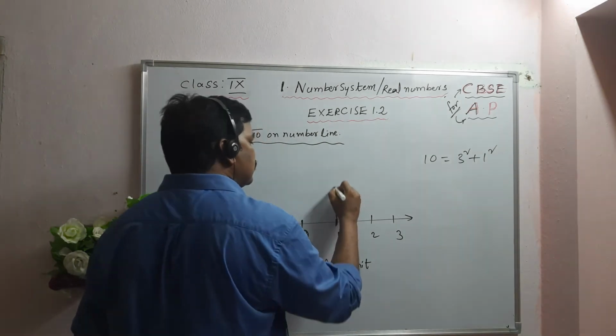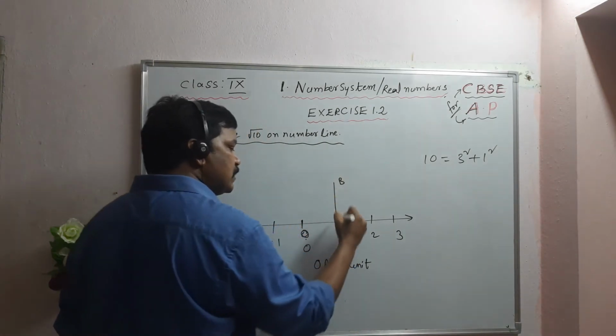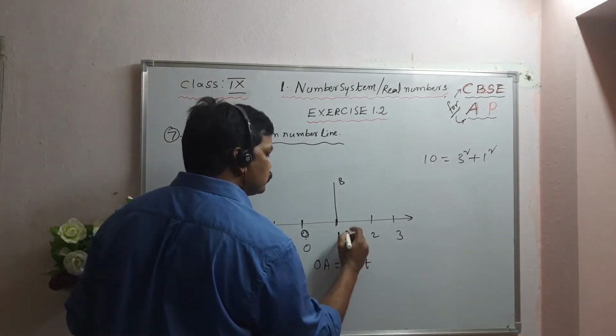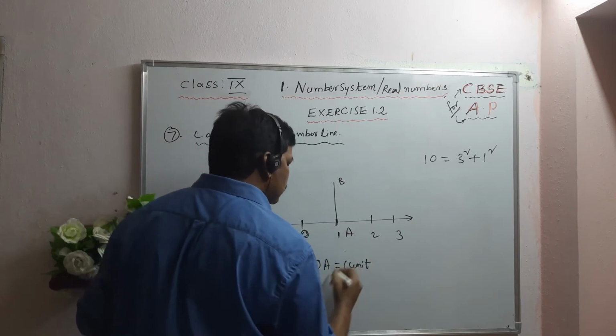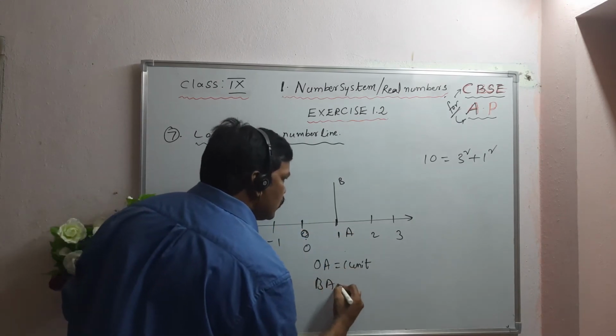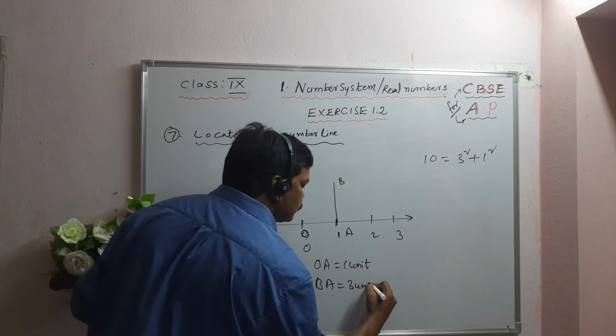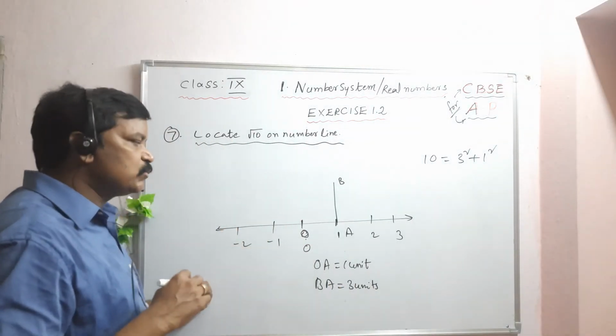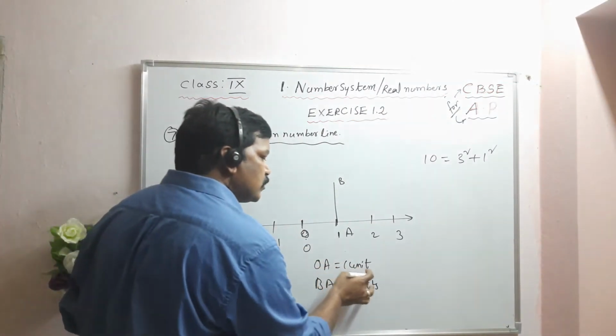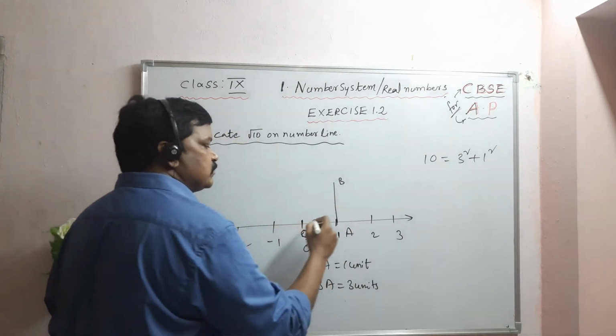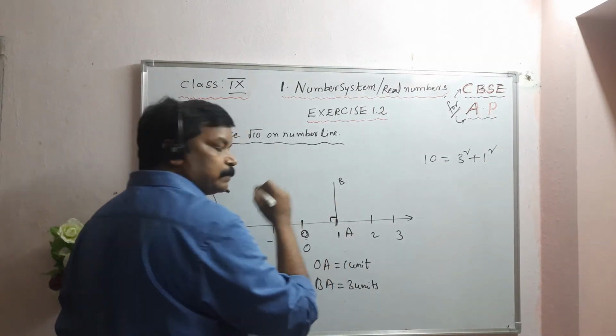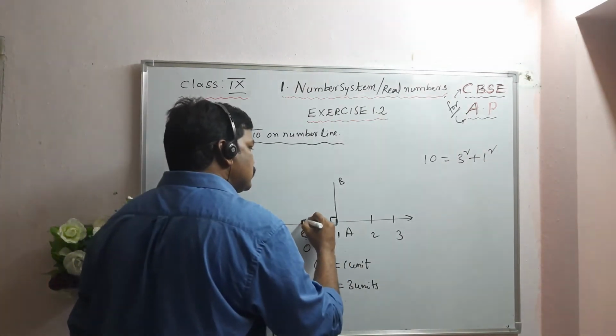Again draw perpendicular. This is BA. BA is perpendicular to OA. BA is equal to 3 units. OA is 1 unit. This BA is 3 units. This is perpendicular. Now join this OB here.